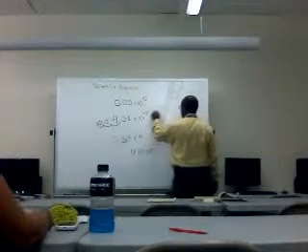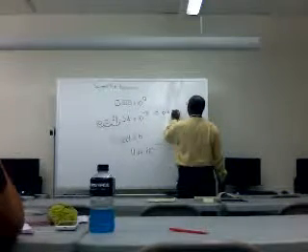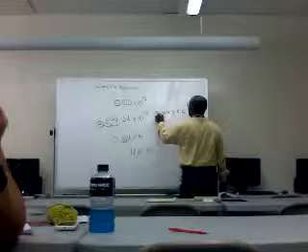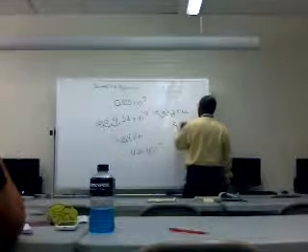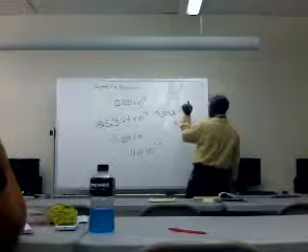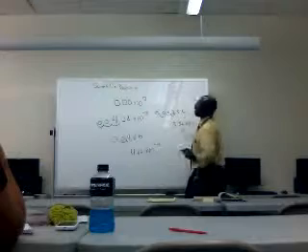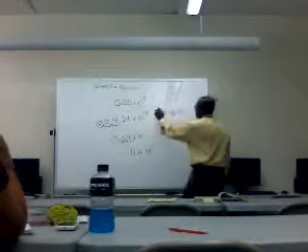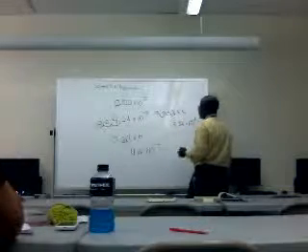So if I had 0.00356, I move it 1, 2, 3. 3.56 times 10 to the, how many places did I move it? 3. Is that going to be a positive 3 or a negative 3?